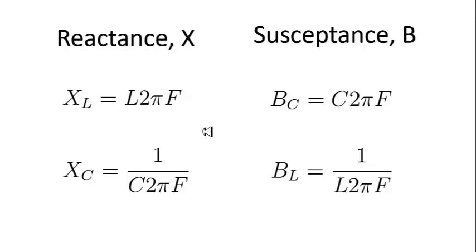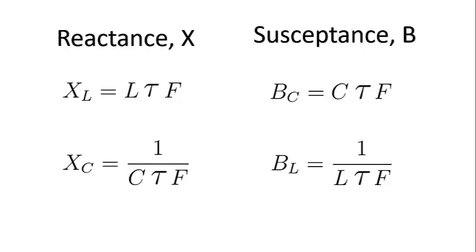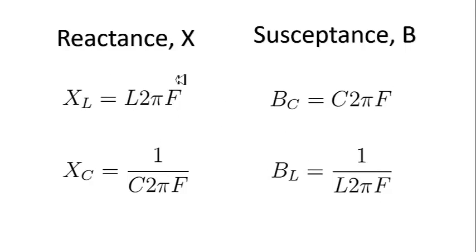I'm trying to be more clear, and not obscure things with symbols. So I personally think it's better to put the 2 pi in the equation. That way I can see it. I know it's there. I know what it is. And guess what? Everyone else knows what it is. So that's my spiel on that.